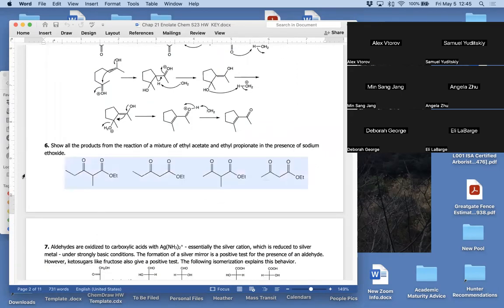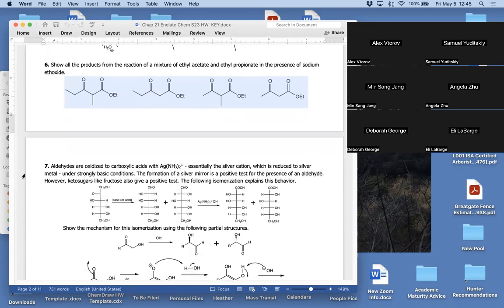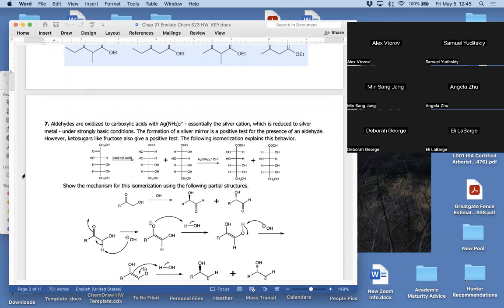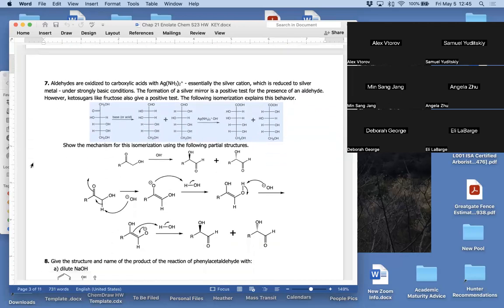Six, again, is just practice in finding the products. I'm giving you a crossed Claisen condensation that will form all four products. Seven, I'm taking a little look at carbohydrate chemistry, but this is certainly important even when you don't have carbohydrates.